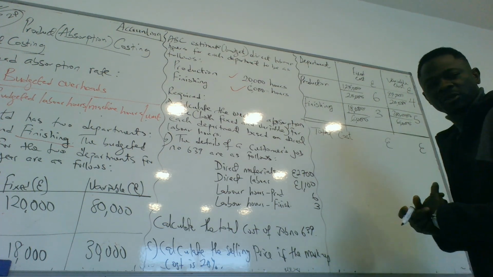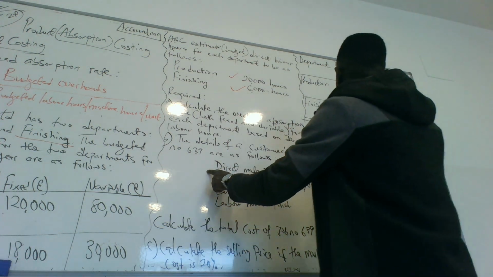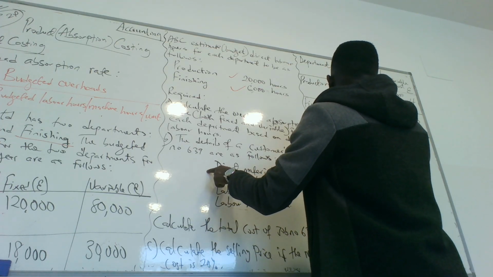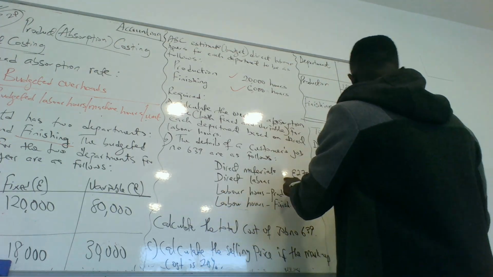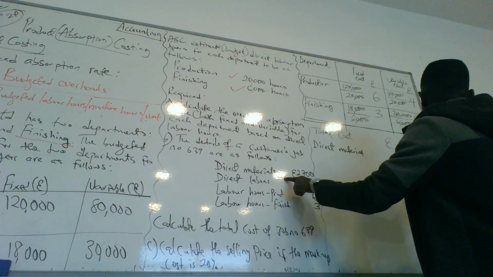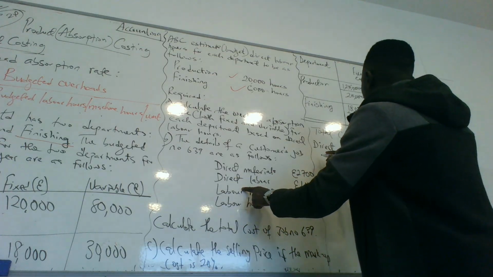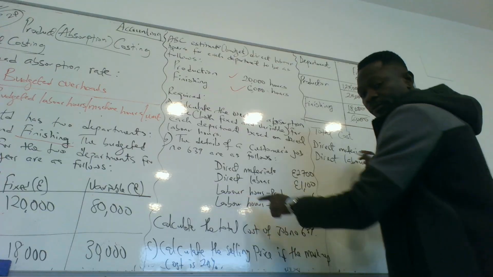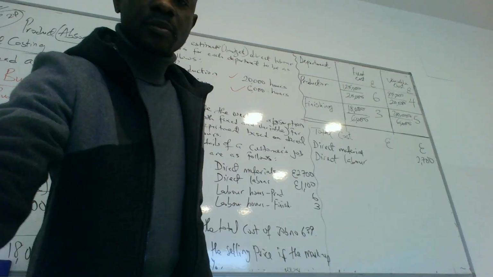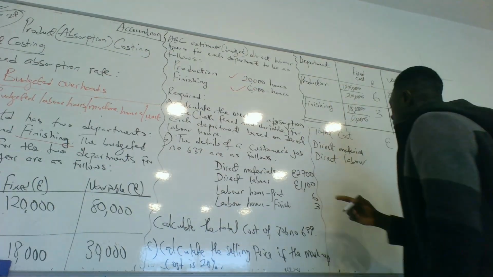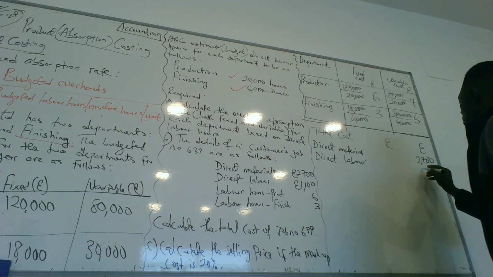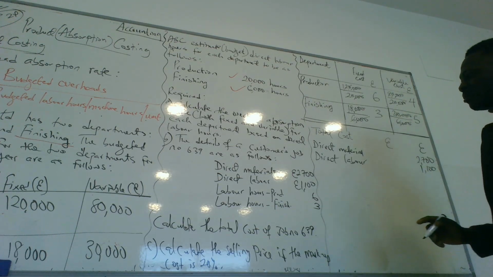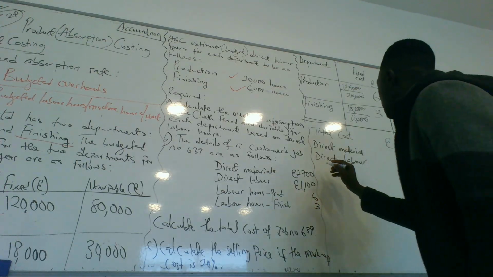We start first with the direct material, which is 2,700. Then we have direct labor, which is 1,100.